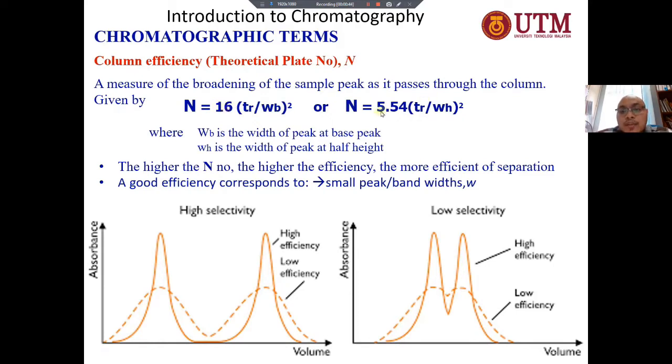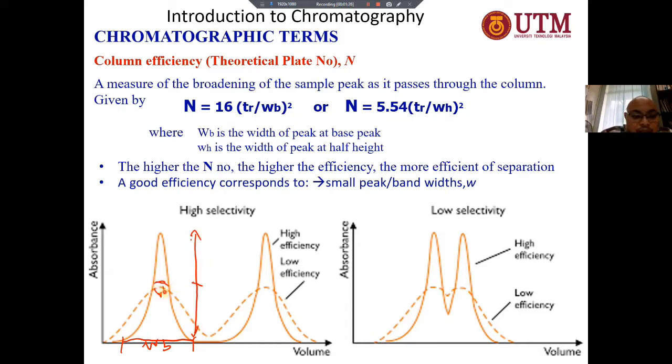For the second formula, you have 5.54 multiplied by the bracket of TR over the width at half height, squared. WB is the width of the peak at the base. WH is the width of the peak at half height. For WH, you need to determine the height, and then measure the width at half height.